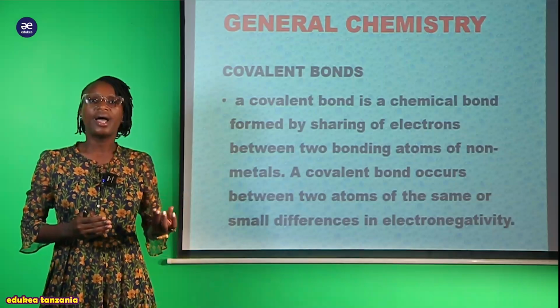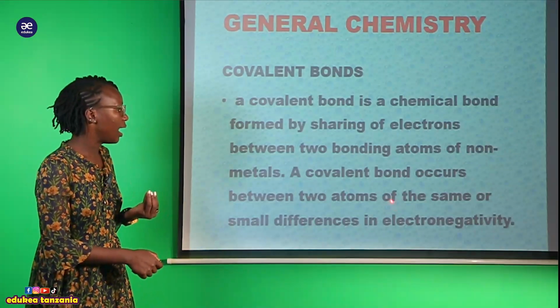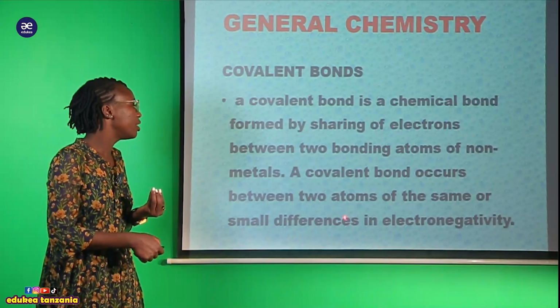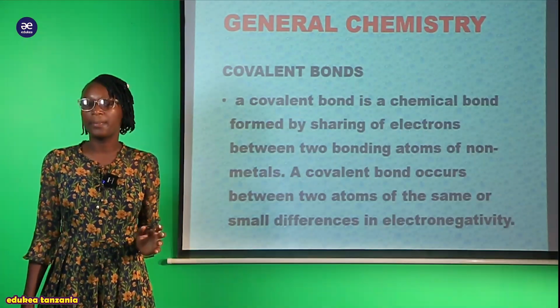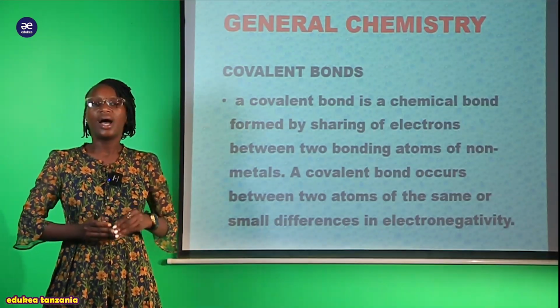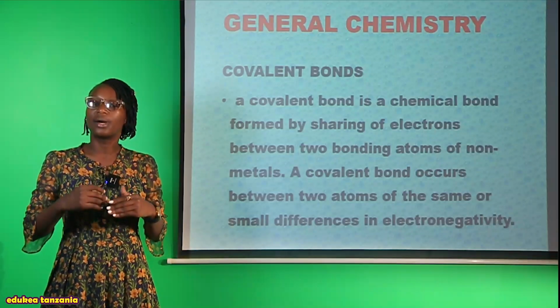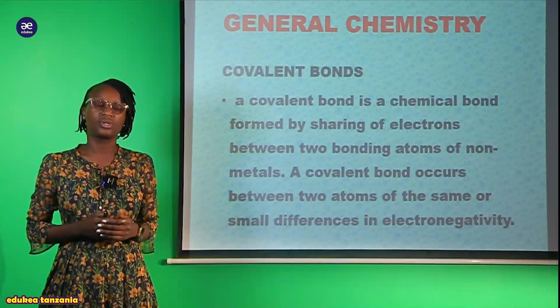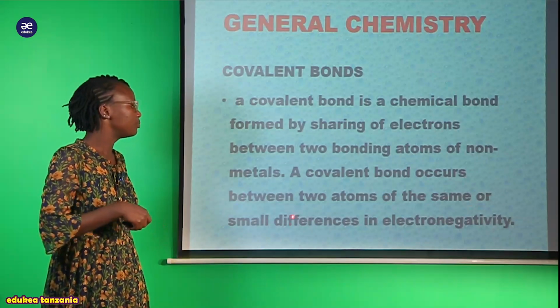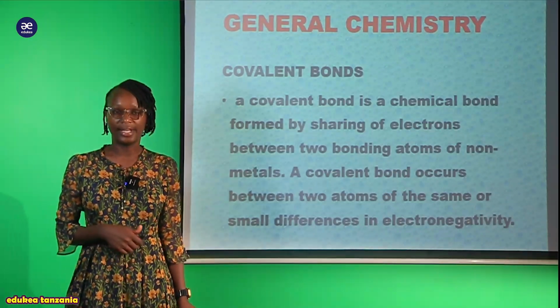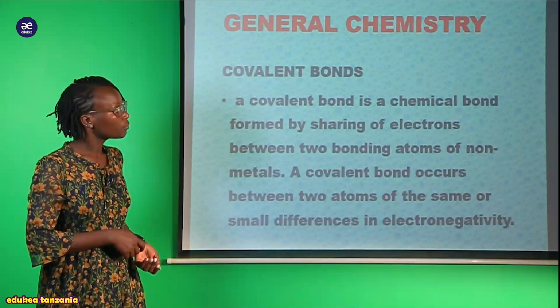That's why tunasema kwamba it involves atoms of the same or small differences in electronegativity. Kwa maana kwamba electronegativity property inakuwa the same to each other. Kama kuna utofauti utakuwa kwa kiasi kidogo sana.